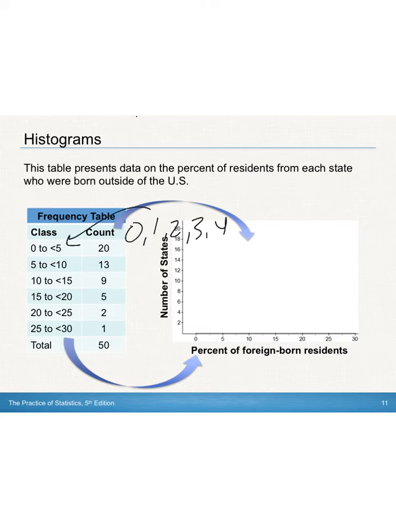Once something is 5, then 5, 6, 7, 8, and 9 would go in this group, etc. So if this 5 is your marking point, the stuff before it is 0 to 4, 10 is your marking point, 5 to 9, etc. It's always the stuff before the marking point. Okay?